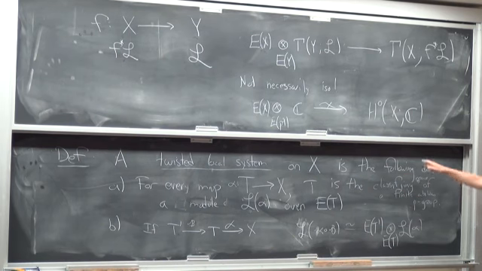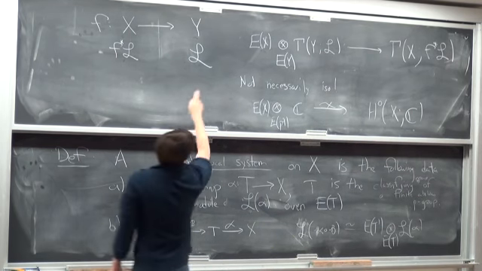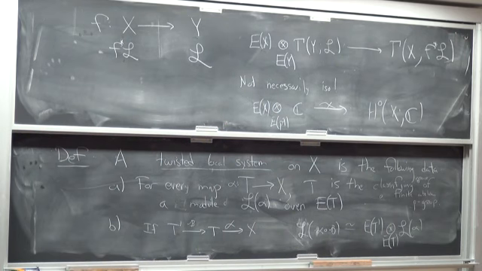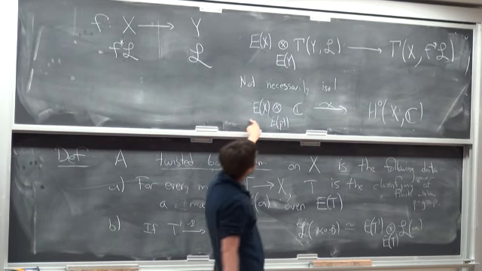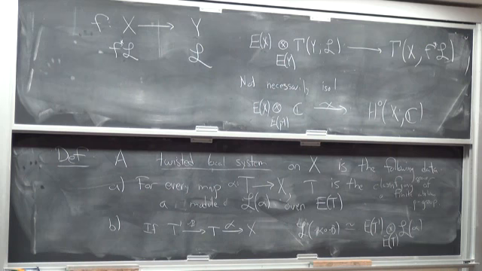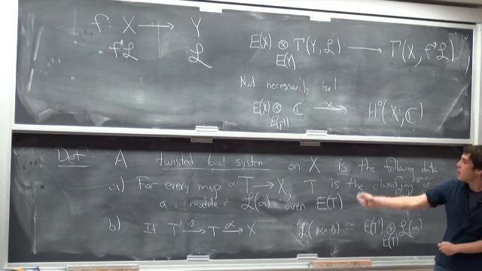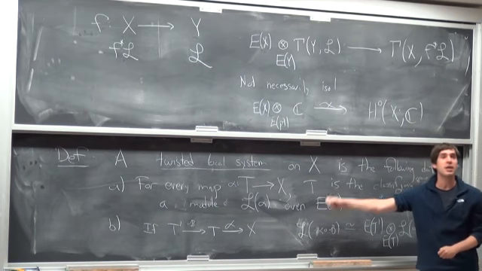So now, what would happen if you didn't have this problem up here? What would happen if taking cohomology always was compatible with pullback? Well, in that case, any ordinary local system on X would determine a datum like this.